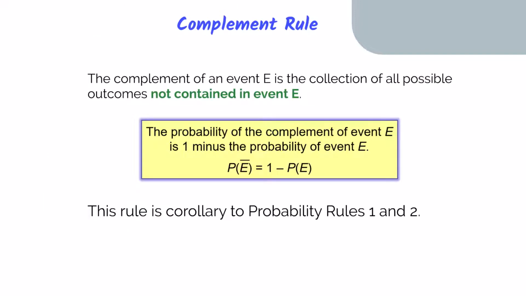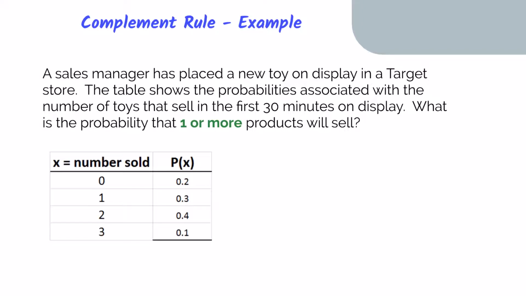The complement rule is not considered one of the 9 rules covered in the textbook, but we'll cover it here now since this rule is the corollary to probability rules 1 and 2. The complement rule states that the probability of the complement of an event E is simply 1 minus the probability of that event. Again, using our same Target store example, we now want to know the probability that 1 or more products will sell in the first 30 minutes on display.